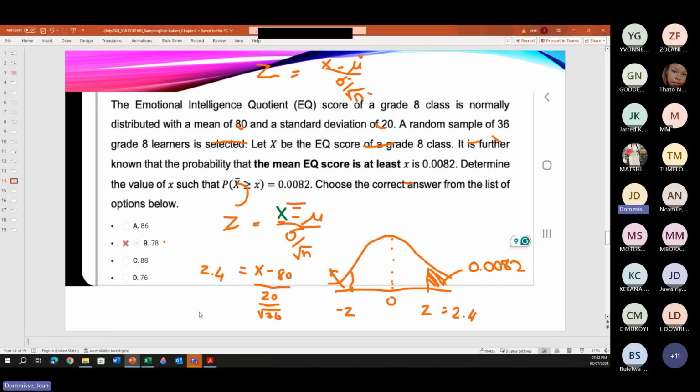So if I then say I need to get rid of that, I need to multiply both sides with, what was it, 3,333.